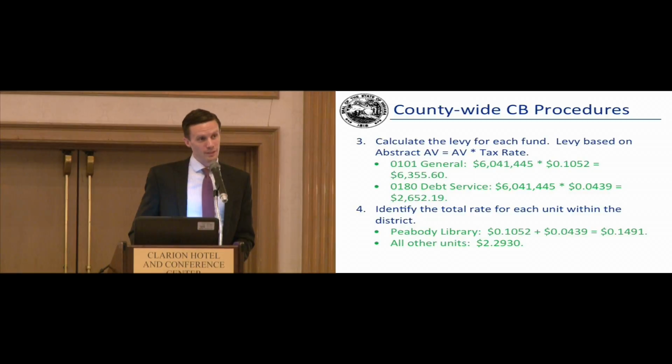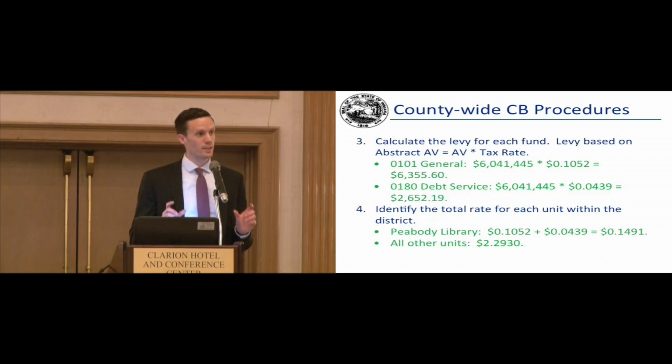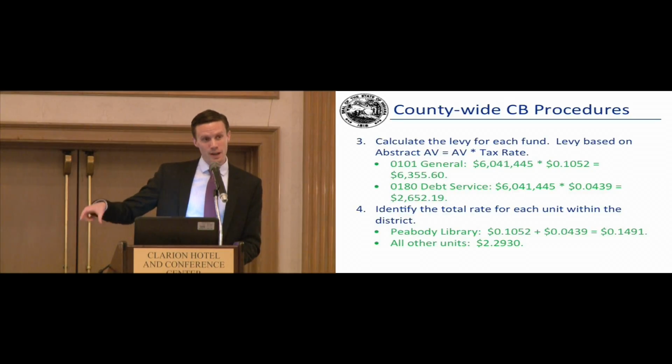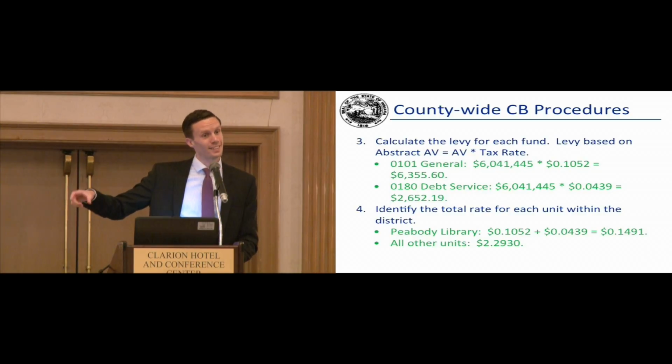We're going to figure out what the levy is for each fund, and we're going to figure this out based on the abstract amounts. It can differ just a little bit from the amounts that are certified. They tend to be pretty close, but they can be just a little bit different. The formula is we take the assessed value for that taxing district multiplied by the tax rate listed on the abstract for any particular fund within that taxing district.